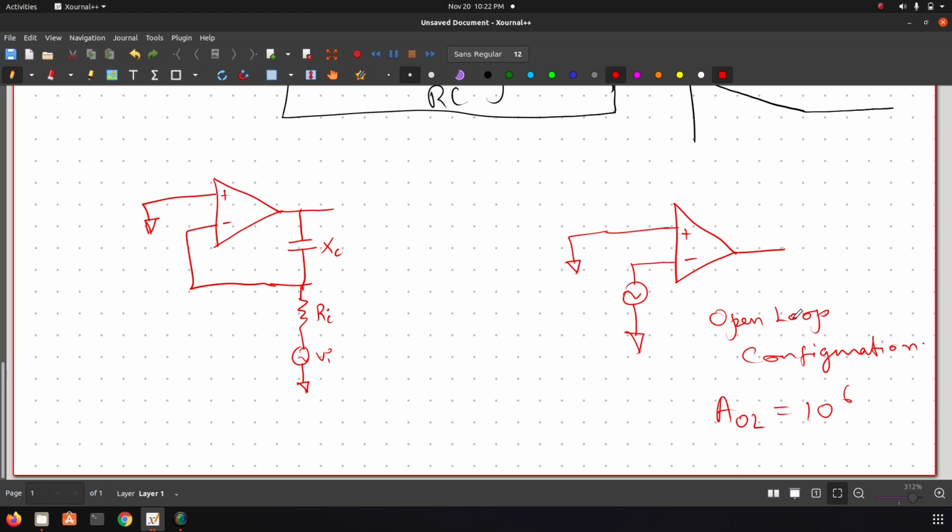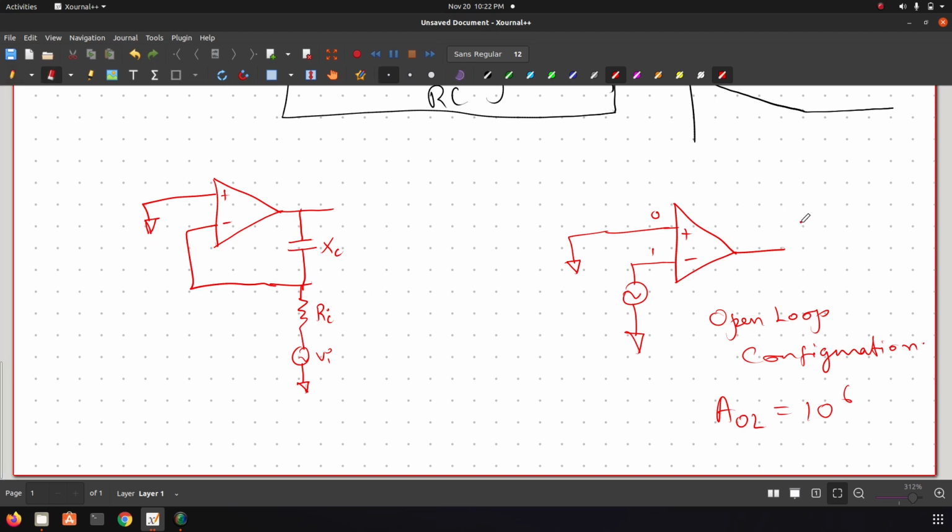What does this mean? Any change in the input will be magnified at this order. If this is ground and this terminal has 1 volt, then the output will be 10 power 6 volt. Such amplification is not possible.